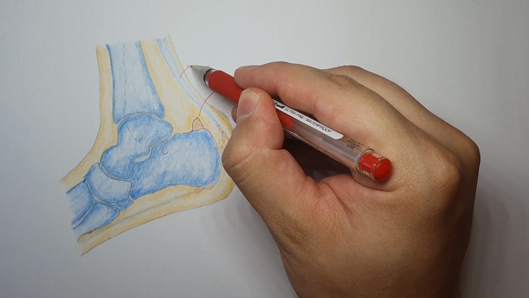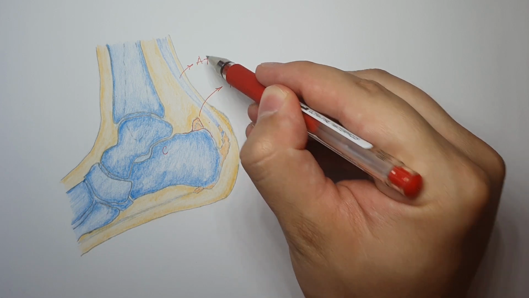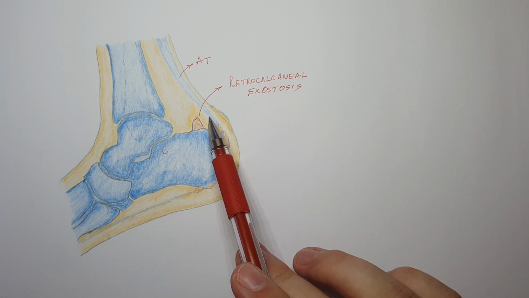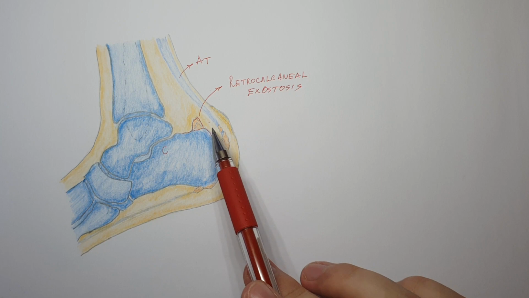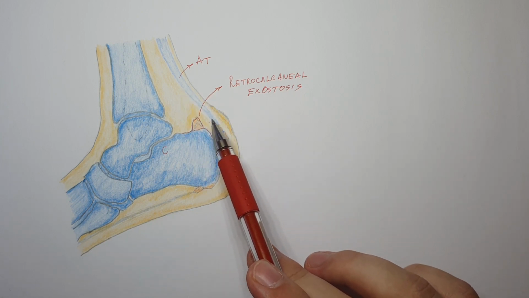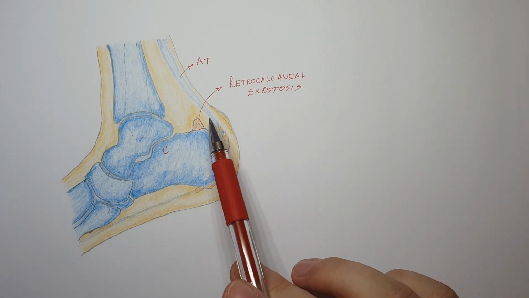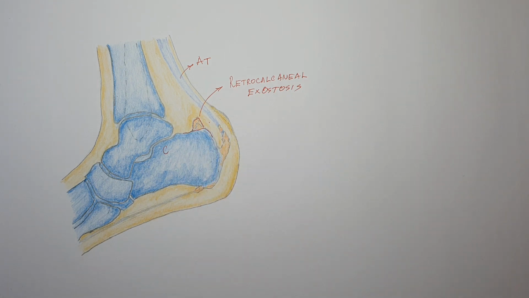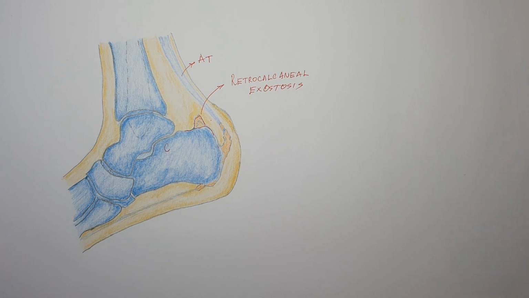So this is the Achilles tendon, and it will rub against the tendon sheaths, against the bursas. So here is the retrocalcaneal bursa, and there are bursas around this tendon, and it will rub against all of these soft tissues, and of course this constant irritation will lead to an inflammation of this region, and then the patient will feel pain.